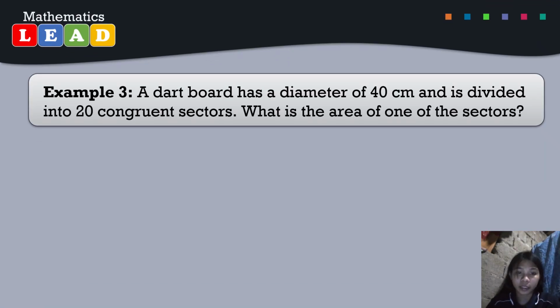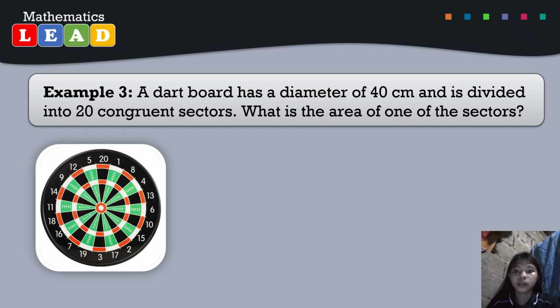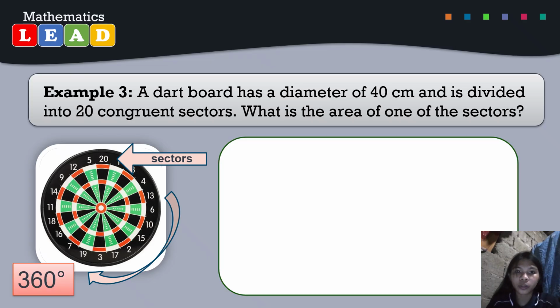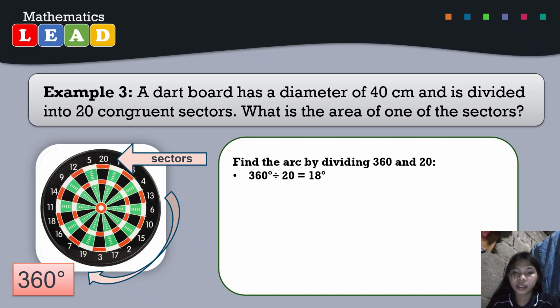In example 3, a dartboard has a diameter of 40 centimeters and it is divided into 20 sectors. And since it is a circle, it has 360 degrees central angle. To find the arc, we divide 360 by 20, which is equal to 18 degrees.